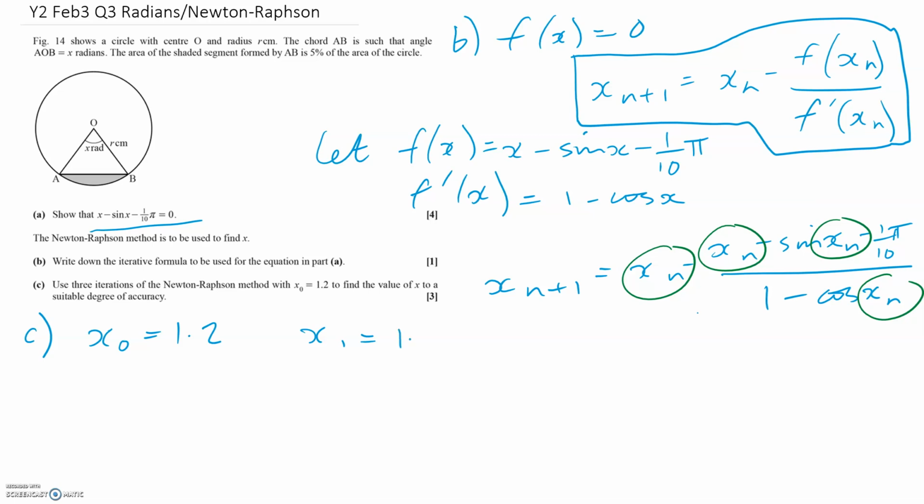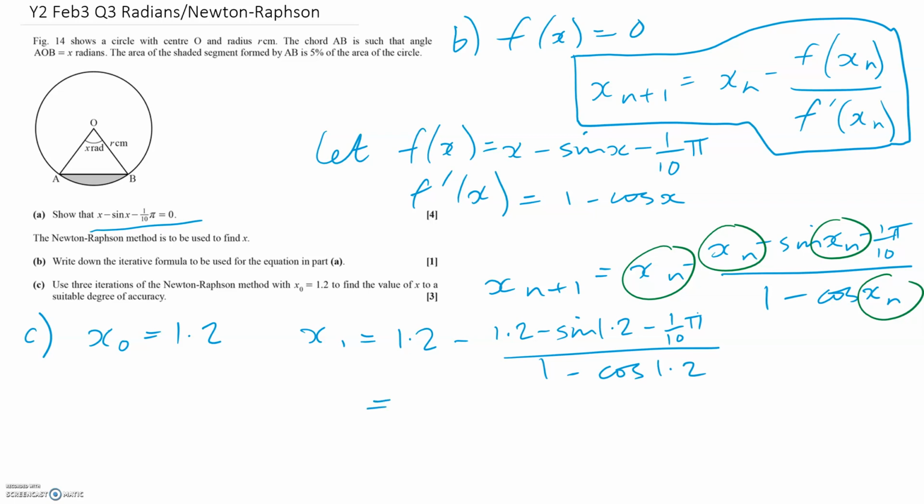So I'll write out the first iteration. That'd be 1.2 minus (1.2 minus sine 1.2 minus 1/10 of pi) over (1 minus cos 1.2).